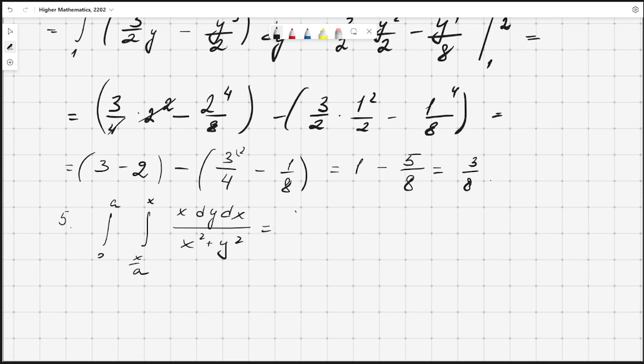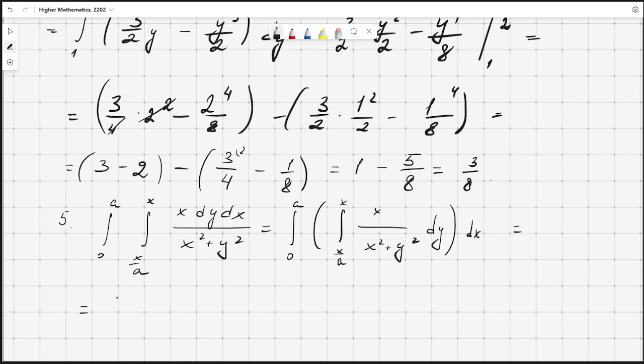It is integral from 0 to a of integral from x over a to x of dy over x squared plus y squared. And then look, here x, because we cannot integrate with respect to x, we must integrate with respect to y, dy and dx.